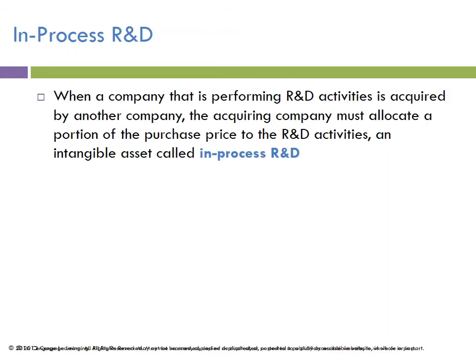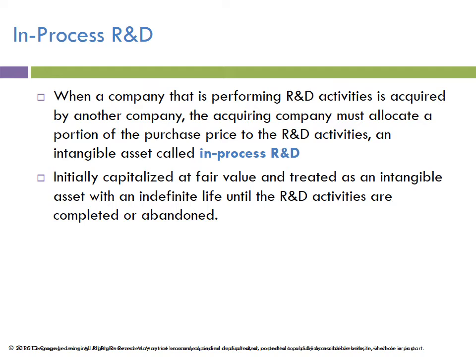In process research and development, when a company that is performing R&D is acquired by another company, the acquiring company must allocate a portion of the purchase price to the research and development activities, an intangible asset called in process research and development.